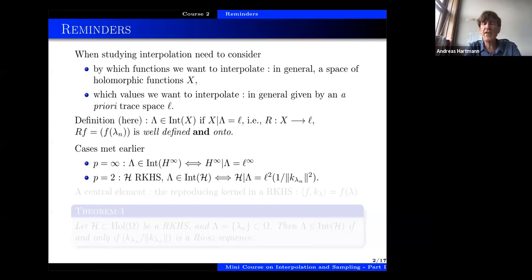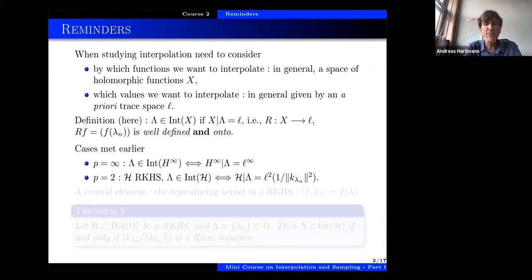It was when we look at holomorphic functions which are uniformly bounded. So this is the choice of the class of functions you want to use to interpolate. And then the trace is just the bounded sequences.